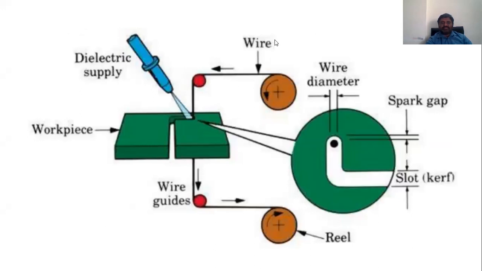Here, the wire which we are using is a copper wire. We can go with brass or we can go with tungsten. The wire is fed from this reel, and wire guidance should also take place.